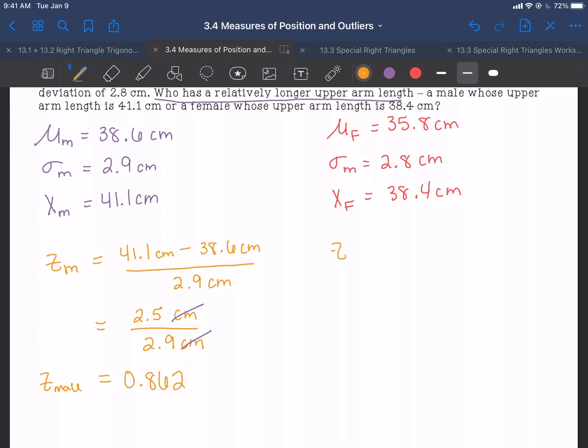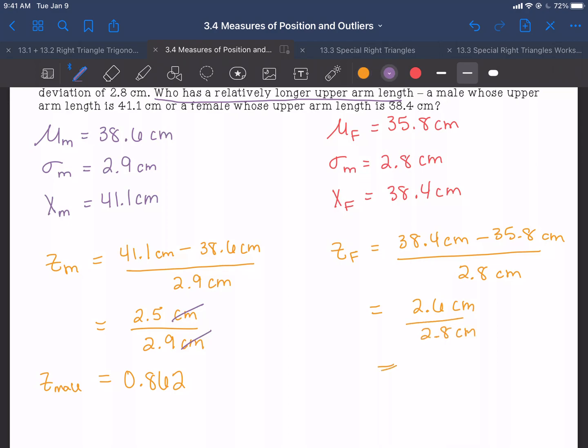If we find the z-score of the female, we're going to take 38.4 minus 35.8, divided by the standard deviation of 2.8. That's 2.6 centimeters divided by 2.8 centimeters.